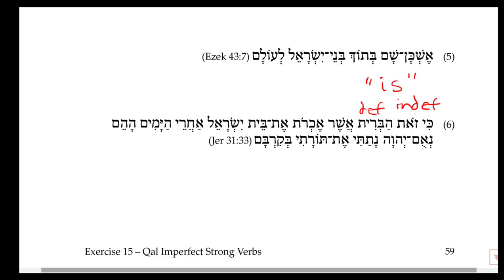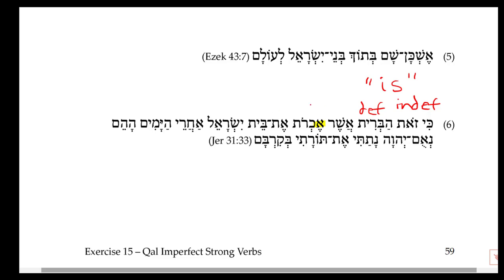So we have this is the covenant which, asher, which, and now we have our verb, and this is the same form as we saw above with the aleph as the prefix and then the root coming after it, no suffix. So this is another first common singular. So I'll go ahead and write that in.